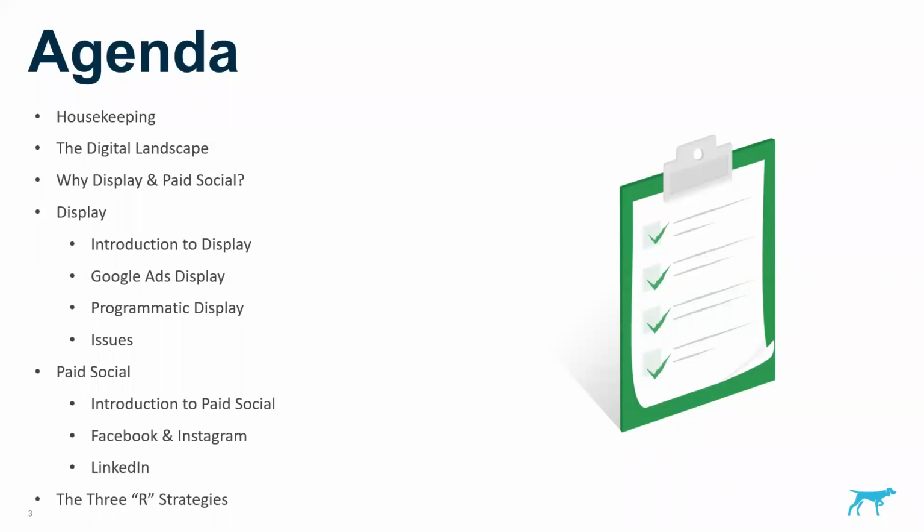For paid social, a quick introduction, and then we'll look mainly at Facebook, Instagram, and LinkedIn, as they have the highest user bases in Australia. Then we'll wrap up with what I call 3R strategies, I guess the most common approaches that you can take using these full funnel channels.